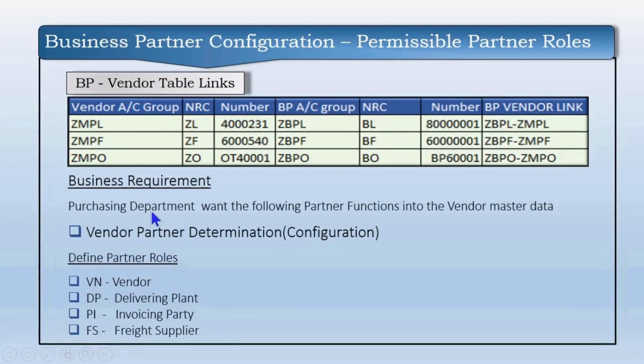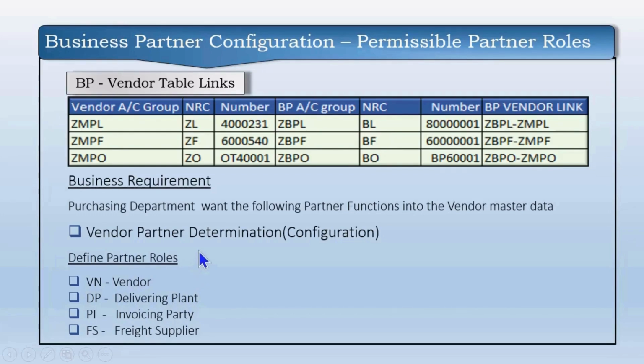Define partner roles. What does the purchasing department want? They want different partner roles. Users, you see in business partner definition, for example, there's one company supplying material, so that's the actual vendor. But at the same time, there's a different company delivering the plant.